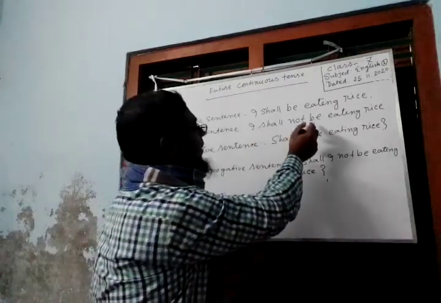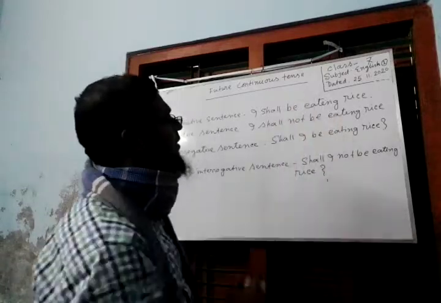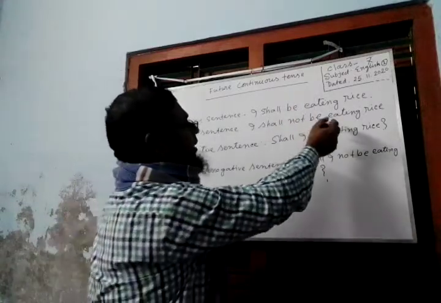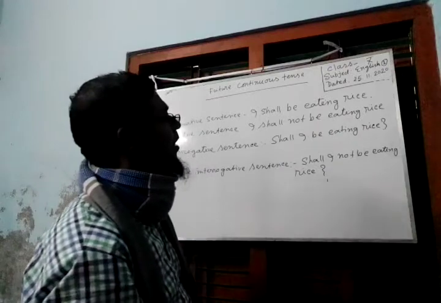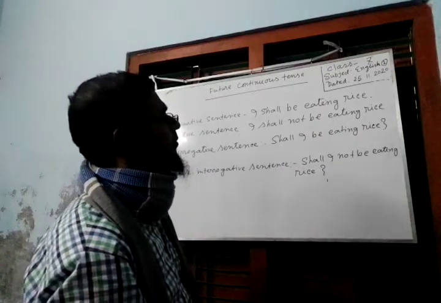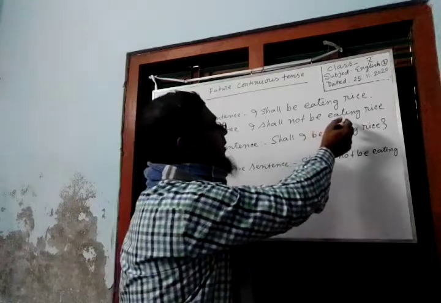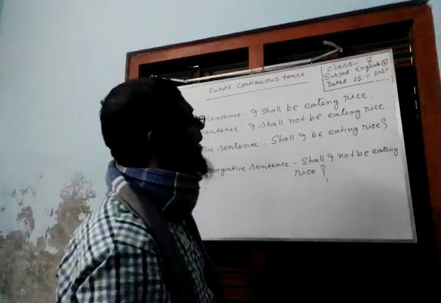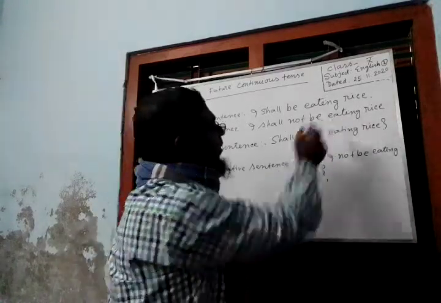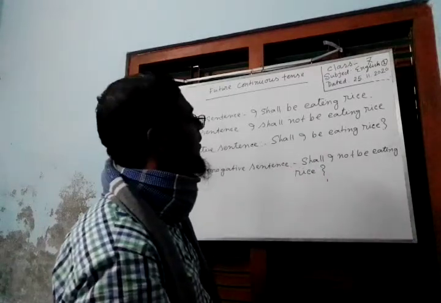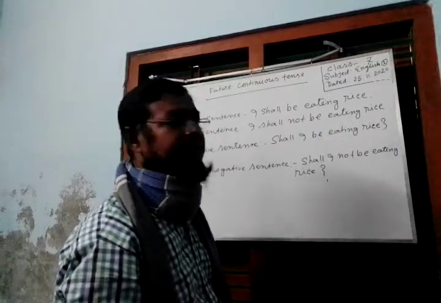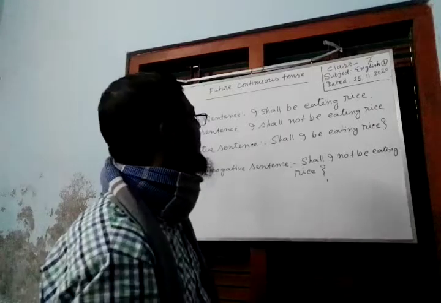Next you will write be. Next you will write the main verb and you will add ing at the end of the verb. Next you will write object or extension.